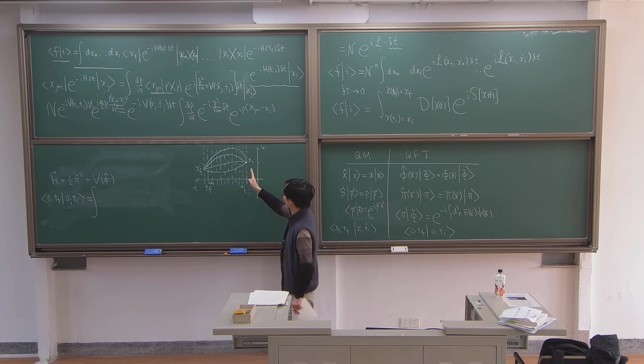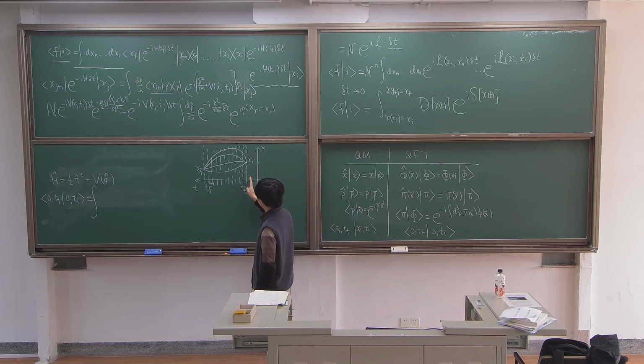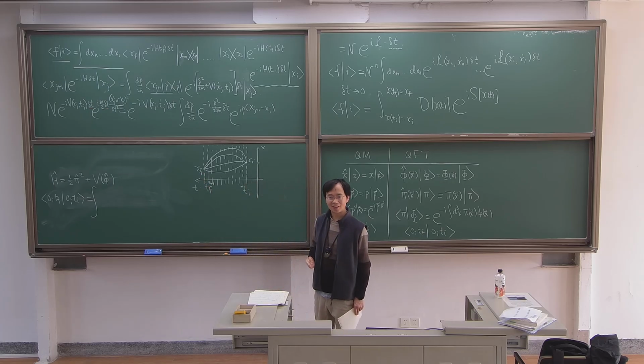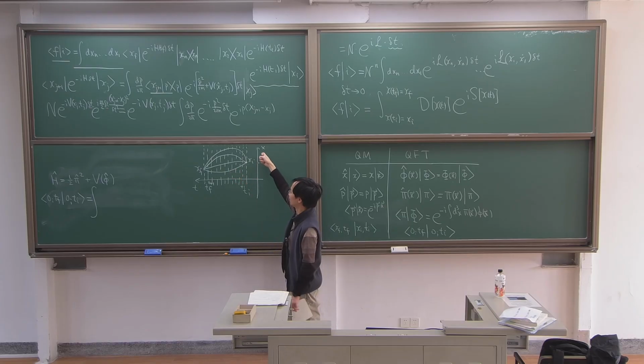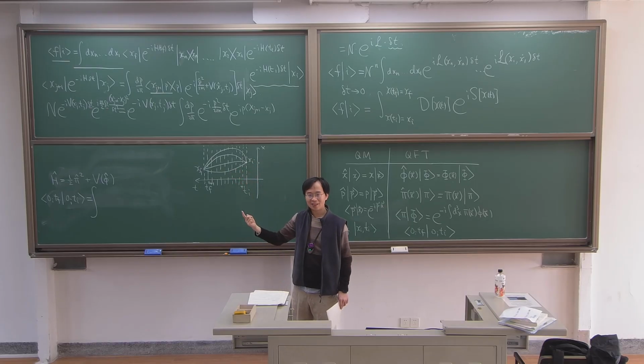You think about it from some initial state to evolve, and then take overlap with the final state. Now in field theory, the variable of course changes. It's that x is now not x but phi. Now where is the x?